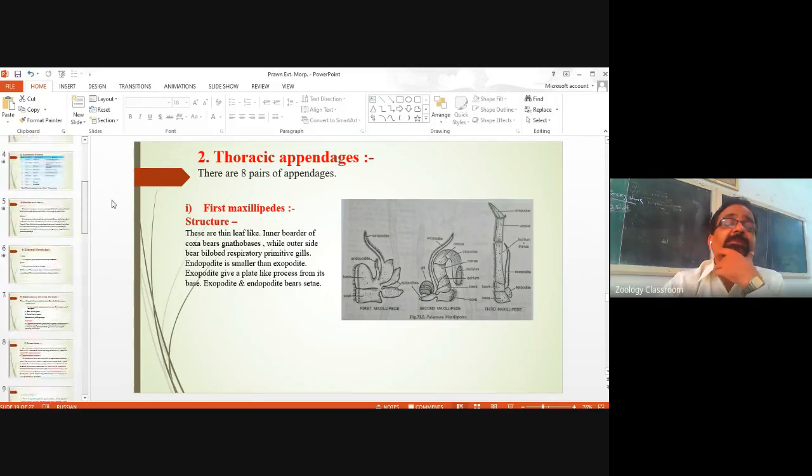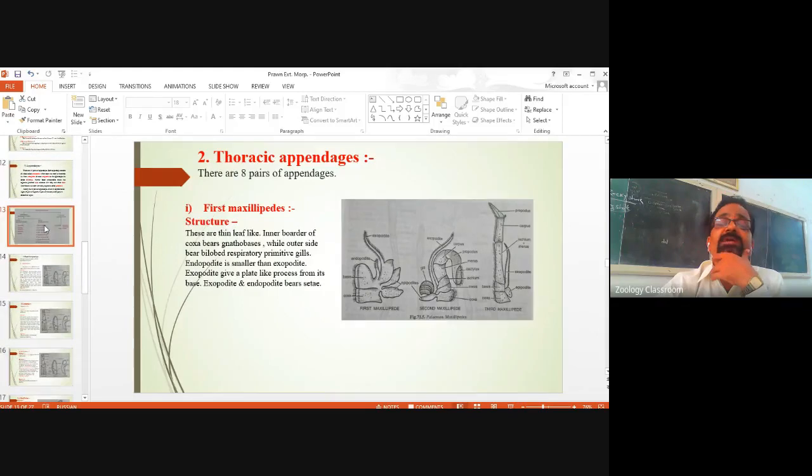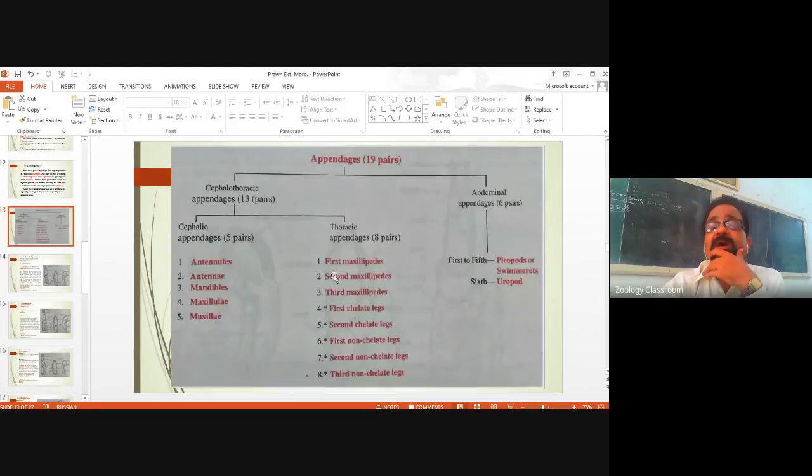Here, how many appendages are there in the thoracic region? 8 appendages are there. Out of these, the first 3 pairs are maxillipedes, first, second, and third, and the thoracic proper has the 5 pairs of walking legs. 3 pairs of maxillipedes and 5 pairs of walking legs.